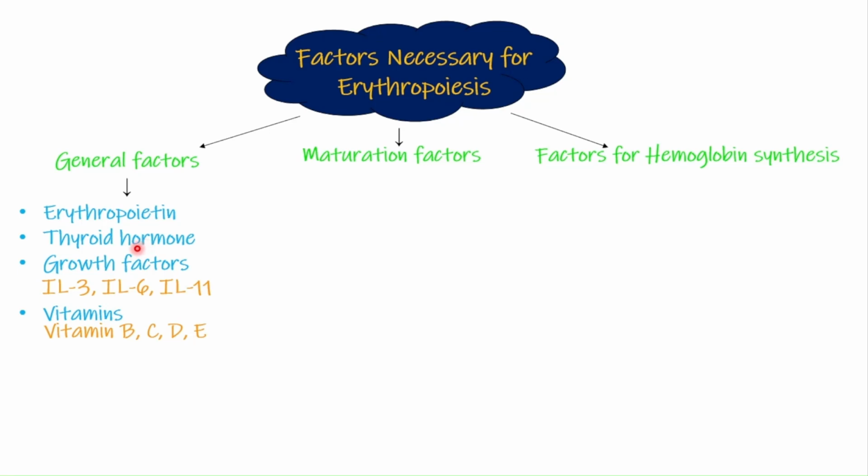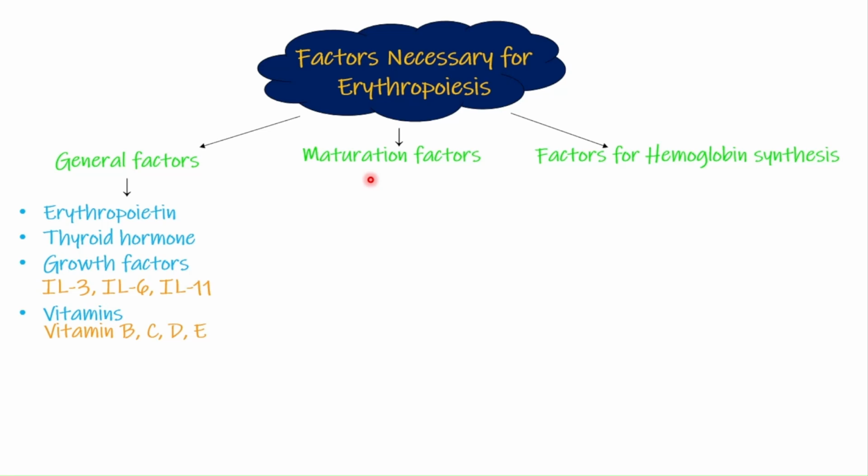We'll discuss thyroid hormone in detail when we discuss endocrinology. Then we have growth factors, as discussed in the differentiation of colony-forming units and pluripotent hematopoietic stem cells. We discussed interleukin 3 there, which is causing the growth. There are also a few other interleukins which are important growth factors, like interleukin 6 and interleukin 11. Then vitamins are also necessary for erythropoiesis, like vitamin B, C, D, and E. These are the general factors.